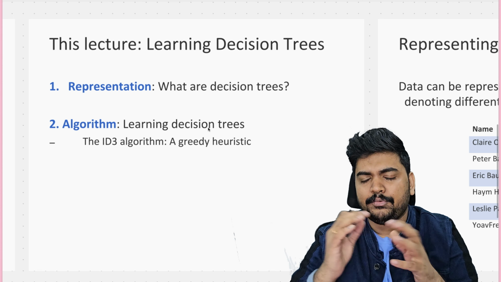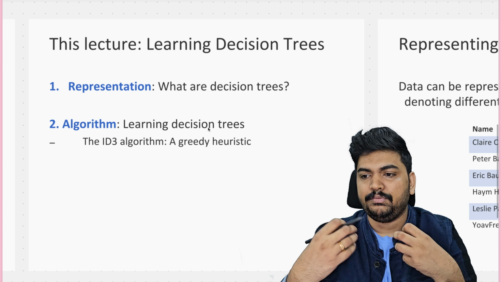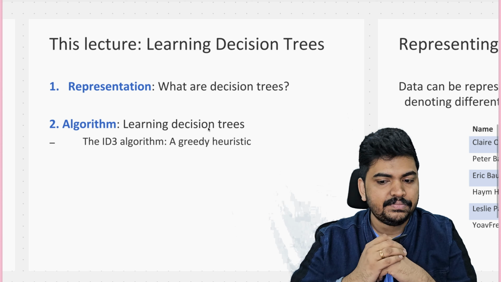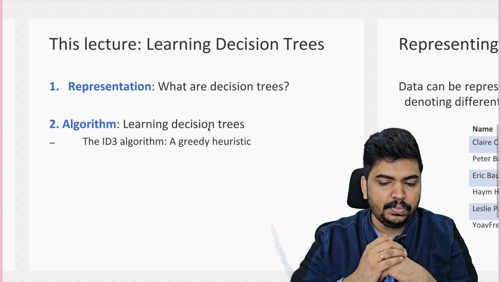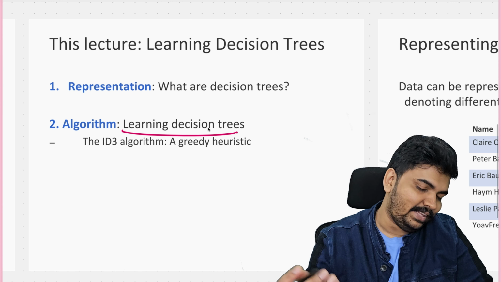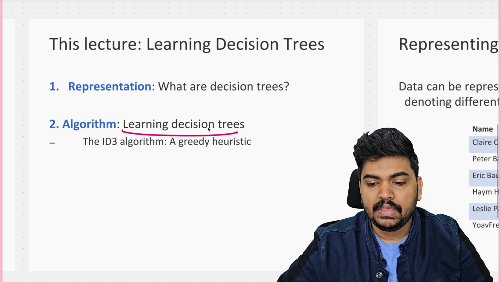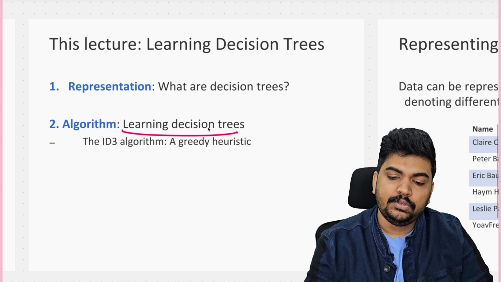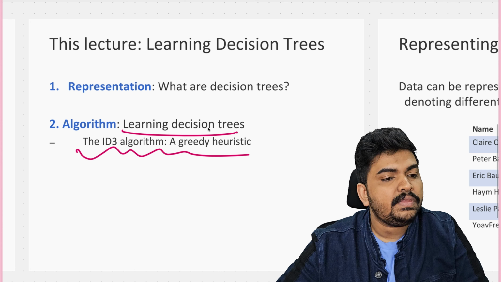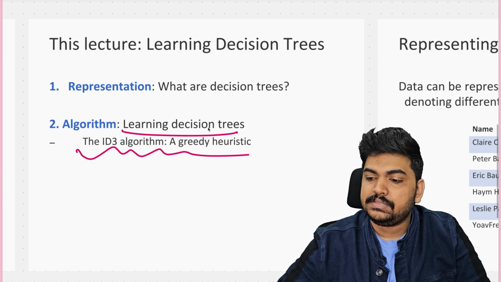But here we are talking about a classifier, which is basically about learning a function, and now all of a sudden we talk about a data structure, right? The data structure that we are learning, I think I spilled the beans, we have to learn the decision trees. And we have to do that using an algorithmic approach, which we call the ID3 algorithm. We will see how we use both of these.